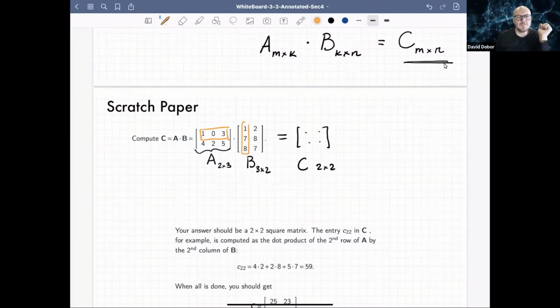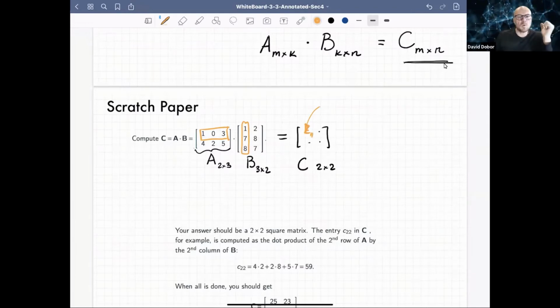So the first column vector of B would be the column 1, 7, 8. The first row vector of A will be this row here, 1, 0, 3. And their product goes as this entry here, C11, by convention. We talked about ways of enumerating those entries.